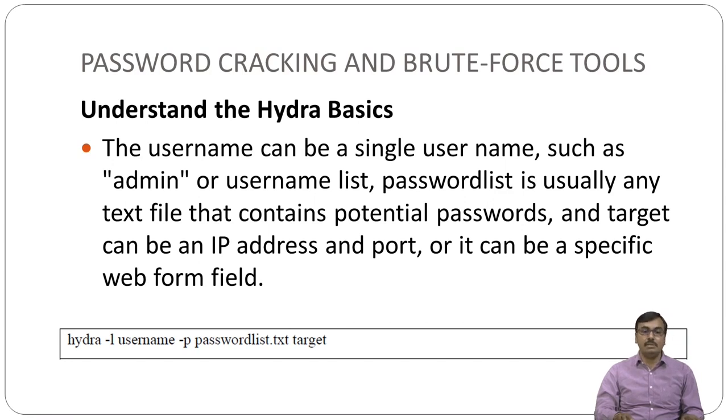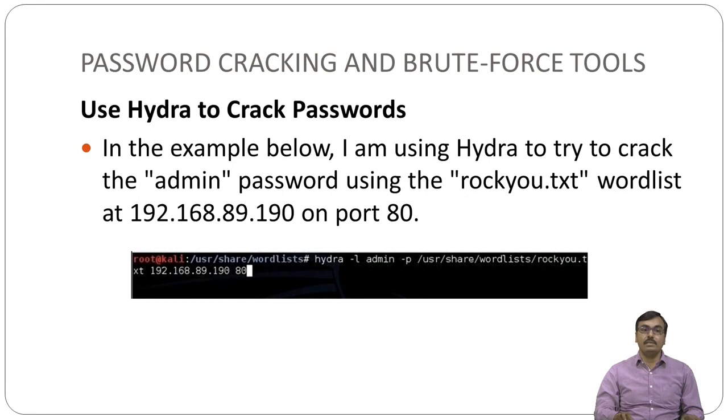So as mentioned on the screen, you will see Hydra -L to provide the username, -P to provide the password file list, and then provide the target. The target can be an IP address or port or a specific web form. Through that you are able to fetch the password.